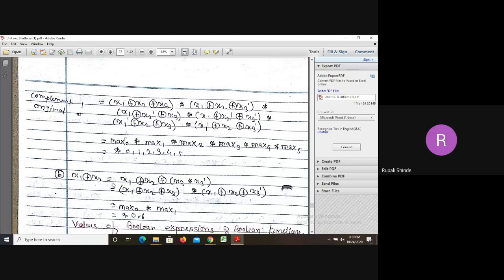So it will give you required format. Now compare these two results, whatever result we got from algebraic method and whatever result we get here from truth table. These two results are same. So whatever answer we have found out, that is correct. Okay.